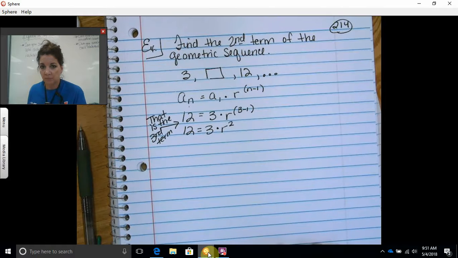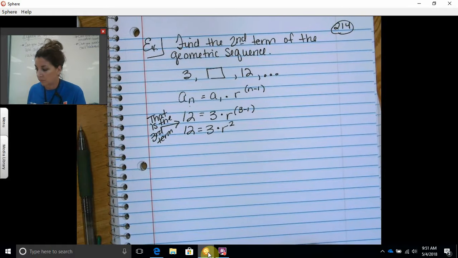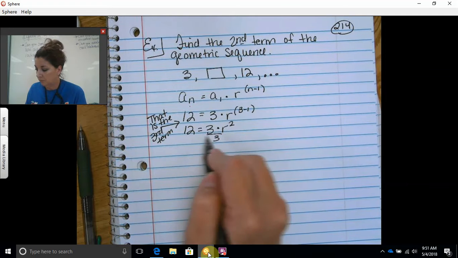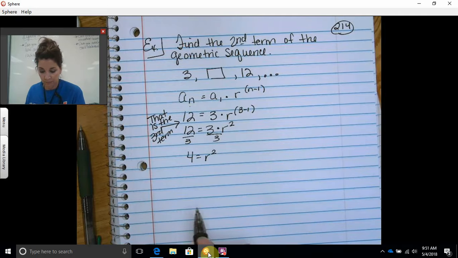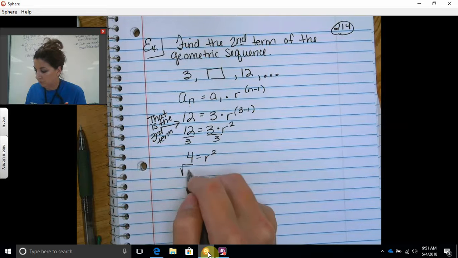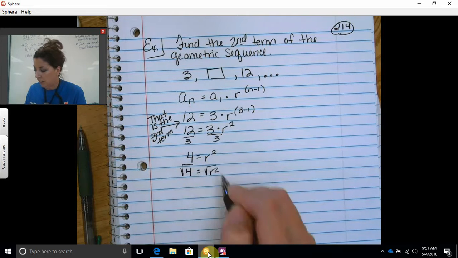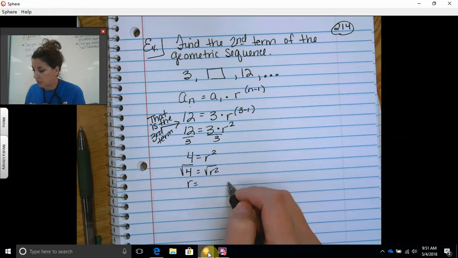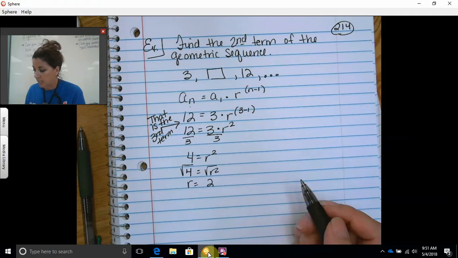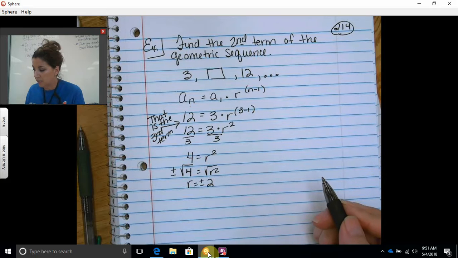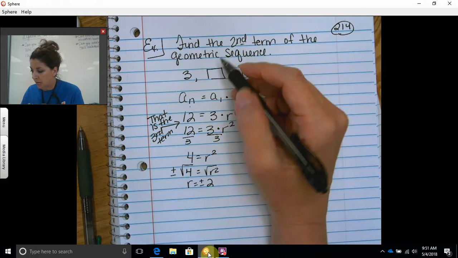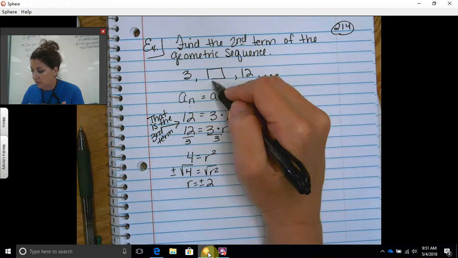Now what? Divide by 3. So 4 equals r squared. Then what? Square root. And r equals 2. Because remember I can take the positive or negative square root, it could actually be positive 2 or negative 2. 3 times positive 2 gives me a 6.